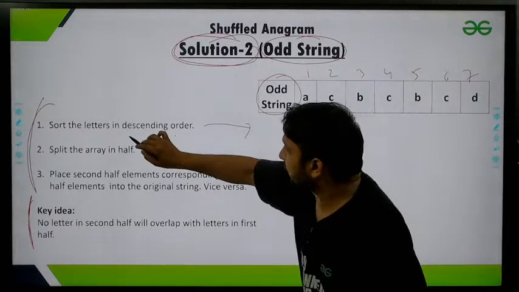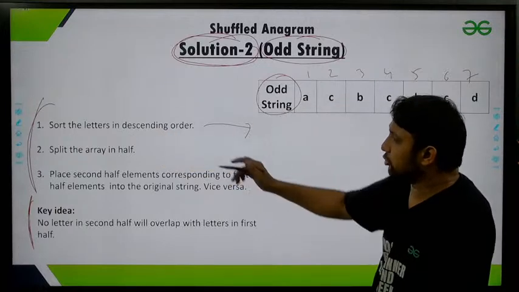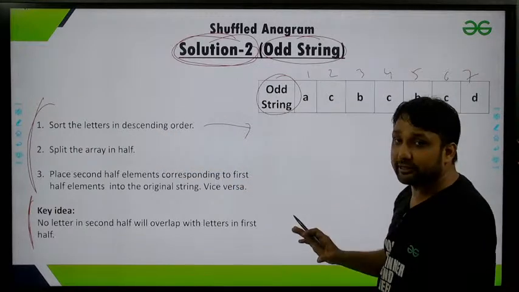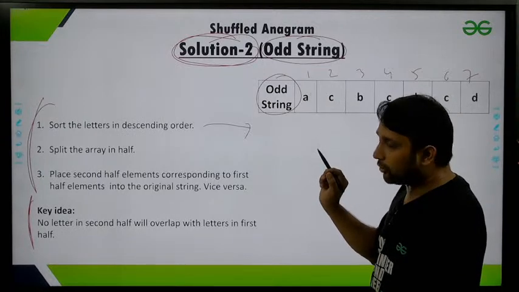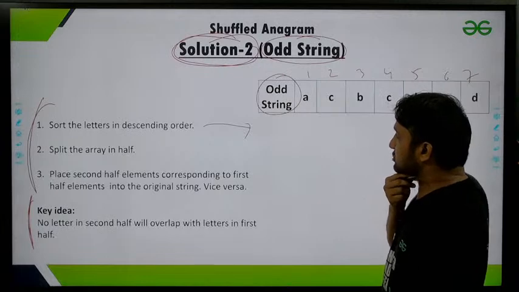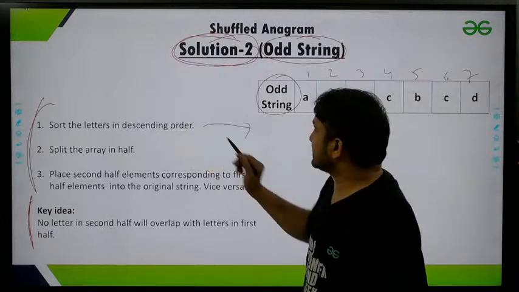So we need to sort the elements. If you don't understand how this algorithm is working, I'm repeating that. For this input, an odd string, a little bit of change will be there. See how this algorithm will handle an odd string. Sort the elements in descending order.